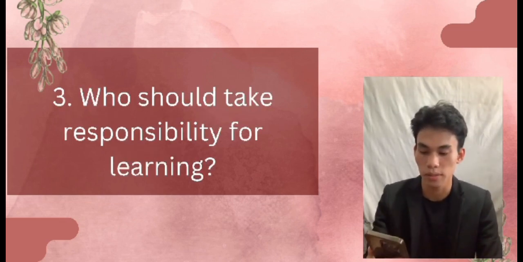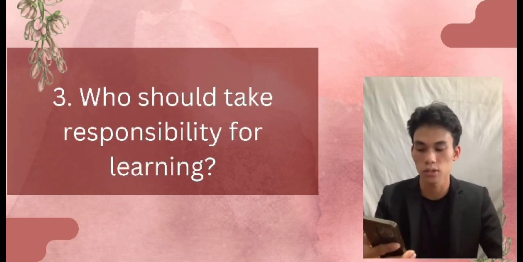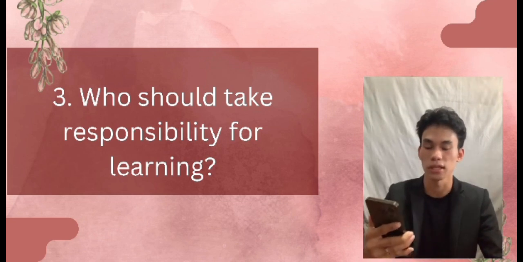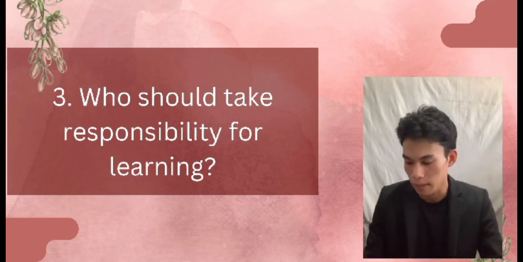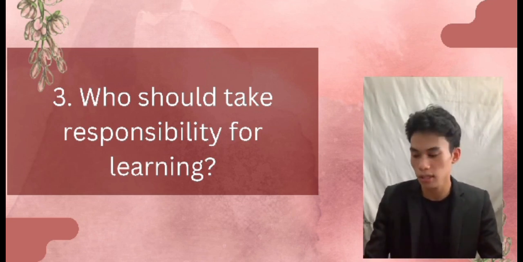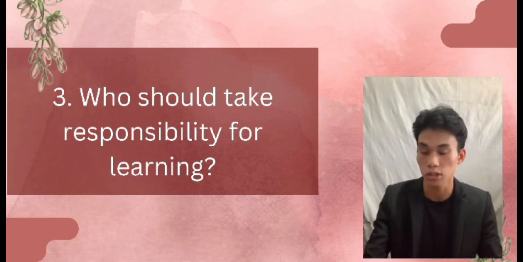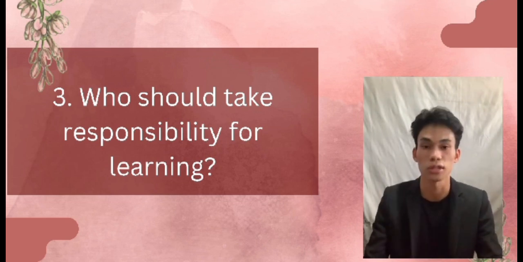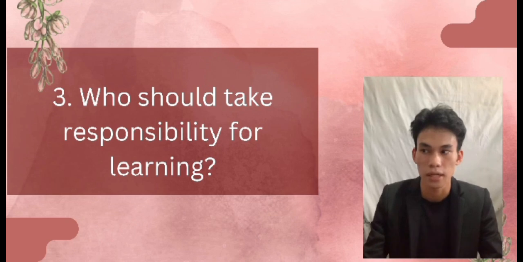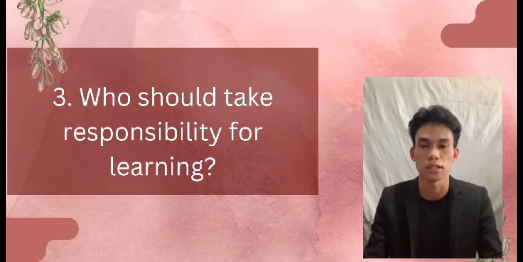Next is responsibility for learning. So students take responsibility for their own learning. In this content, the students should focus more on themselves. It's not just the instructor who will instruct them, but they will also use their skills as students.